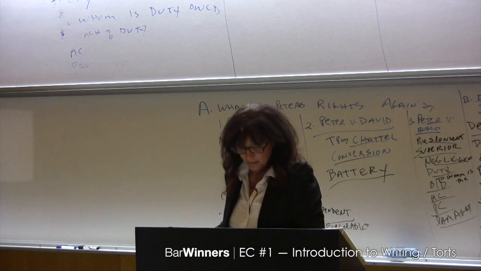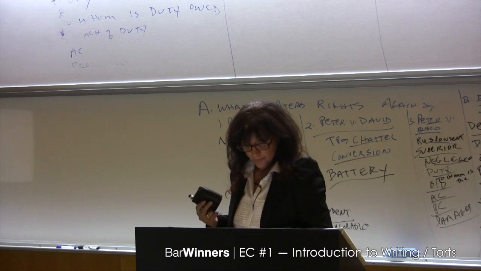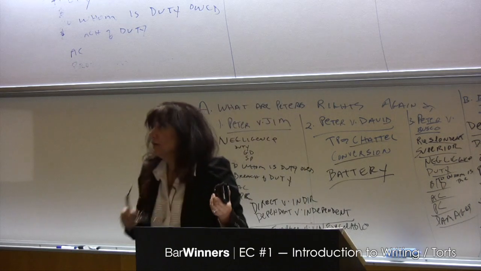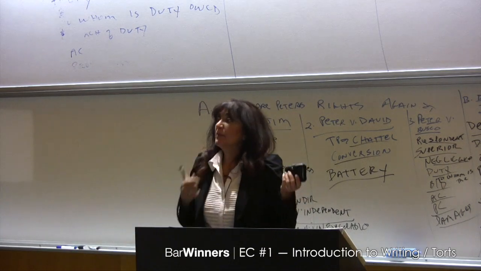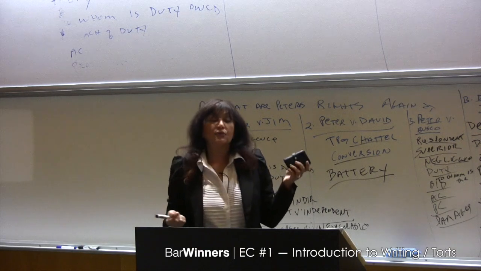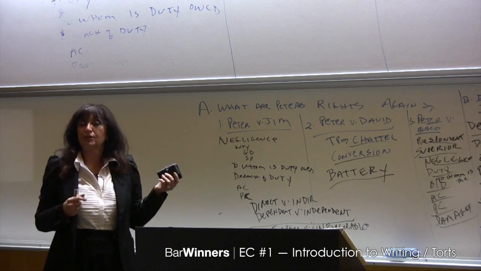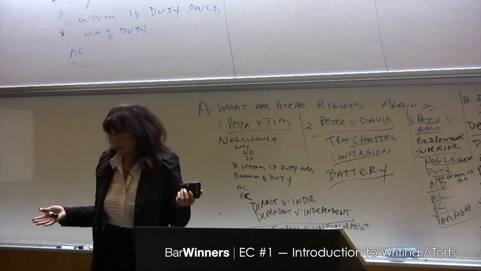What else happens here? Not that we need anything else. Where? Peter tries to get off the bus, but they won't let him off the bus because he hasn't paid. So the issue is false imprisonment, and it's under which call of the question? Peter versus Busco.